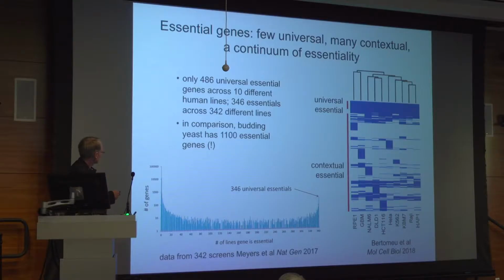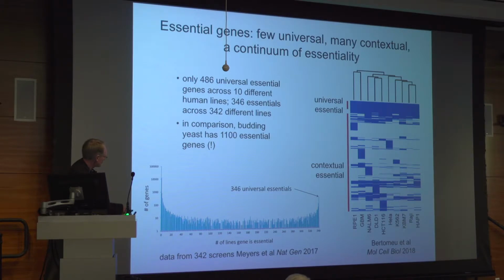It's less than 500, and that's just across 10 cell lines. And in contrast, in yeast, which I forgot to mention on that first slide, yeast has about 1,100 genes that are essential for viability. So the number of essential genes, if you use a strict criteria in human cell lines, is very, very context specific.